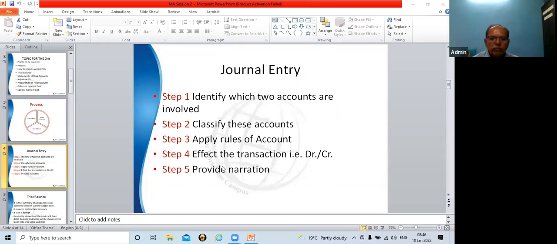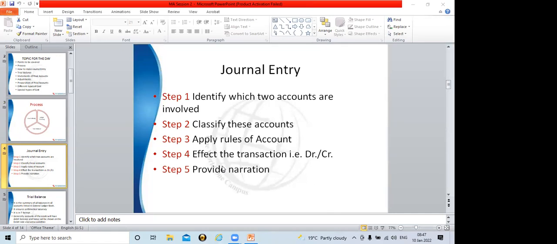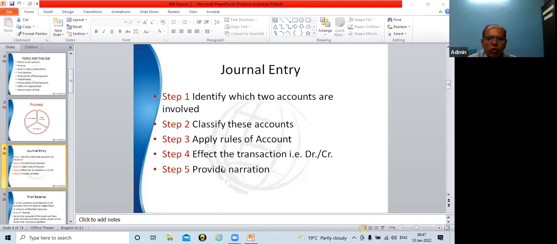Now the second account we have to give effect to. The second account we have identified as a real account. So in the real account, are we receiving or is it going from our business? Cash or bank is going from our business, because the amount we have to pay either by cash or through the bank account.